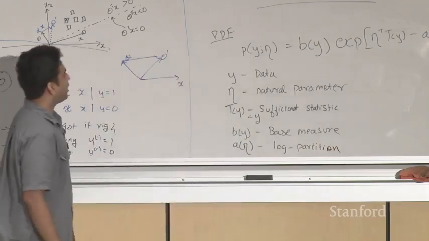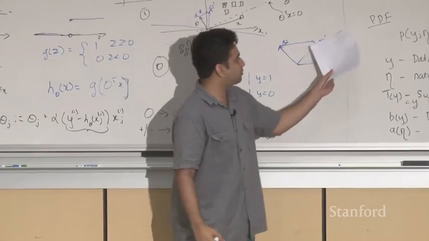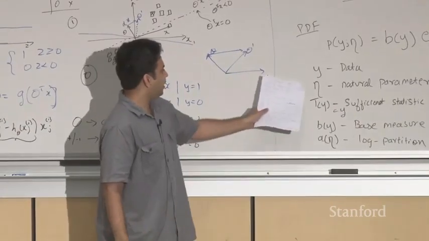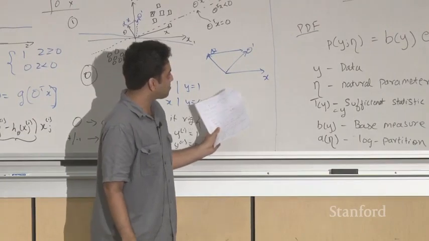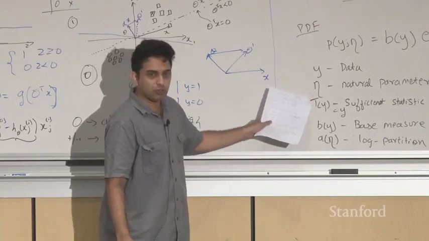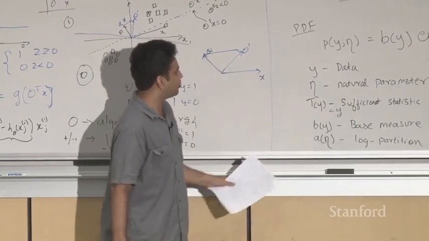Again, Y is the data that this probability distribution is trying to model. Eta is the parameter of the distribution. T of Y, which will mostly be just Y. Technically, T of Y is more correct.